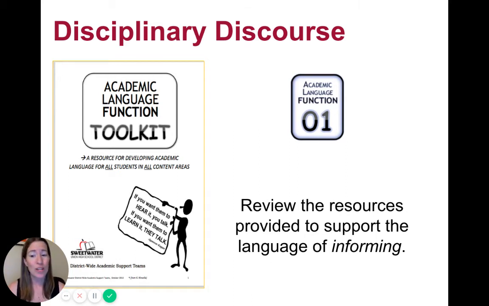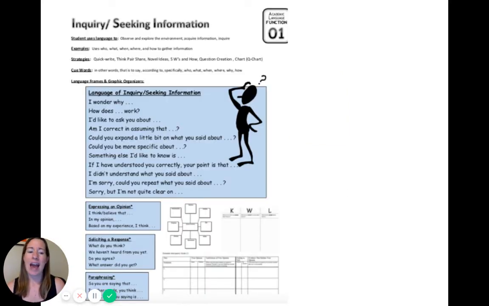It's from a high school district in Georgia. And you're going to see this linked down a little bit further in the module. In this toolkit, this high school district has just pulled together a lot of different language functions: informing, evaluation, categorizing. And then what they've done is they have put together resources to help an educator plan for that language function.